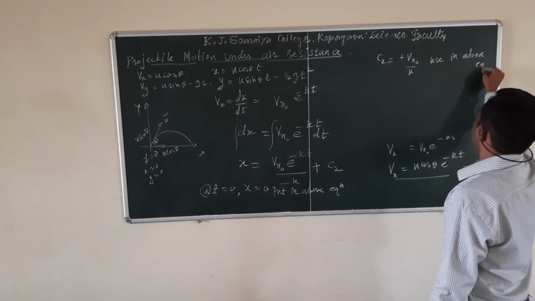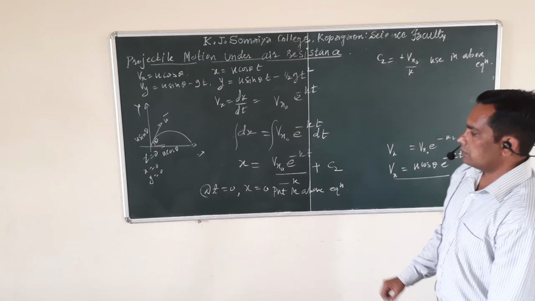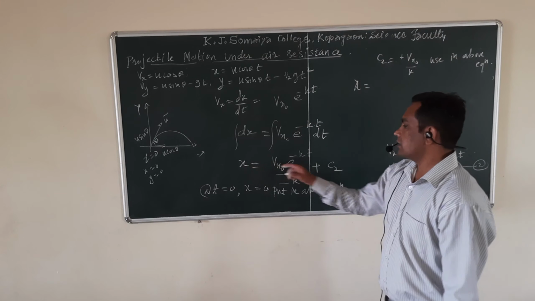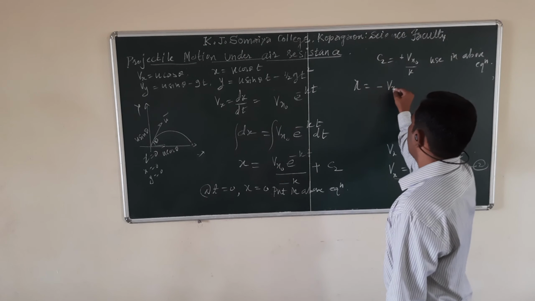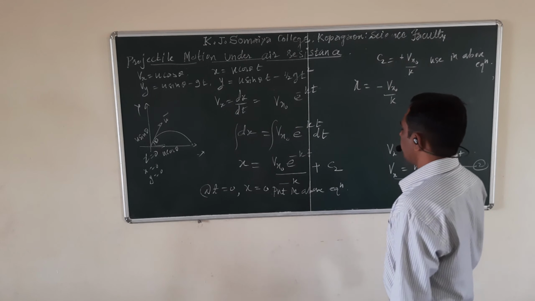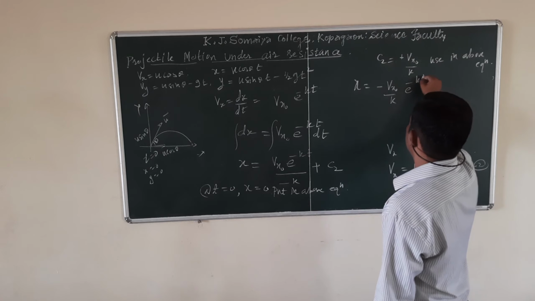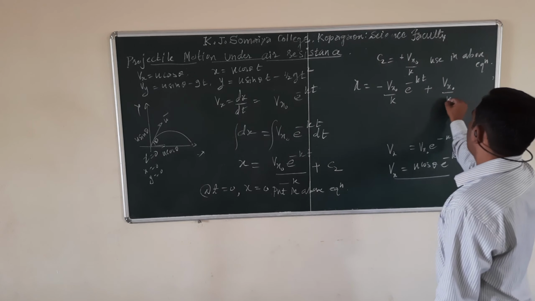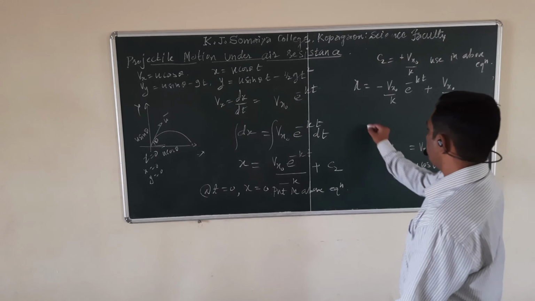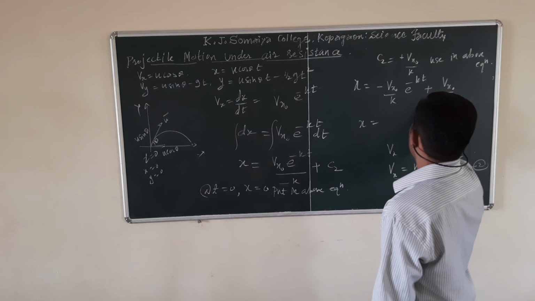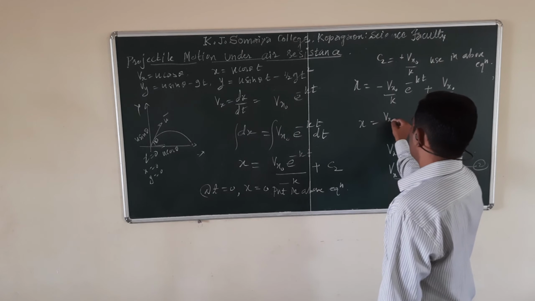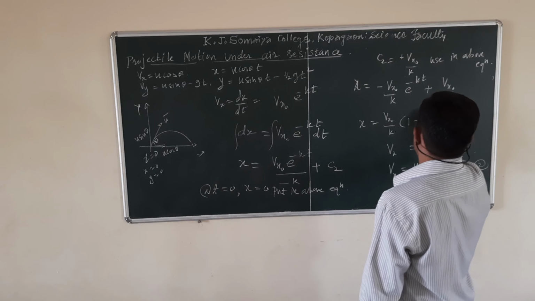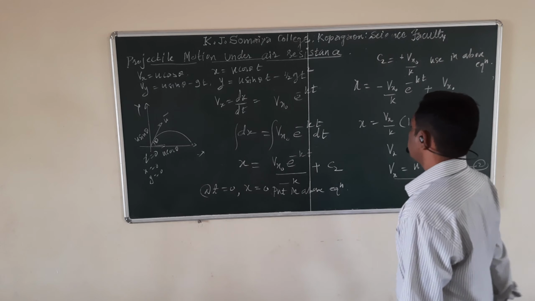We get the instantaneous x position as x is equal to minus Vx0 upon k e raised to minus kt plus Vx0 upon k. We can take Vx0 upon k as a constant, so it becomes 1 minus e raised to minus kt.